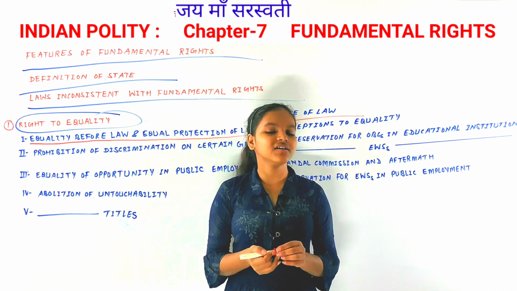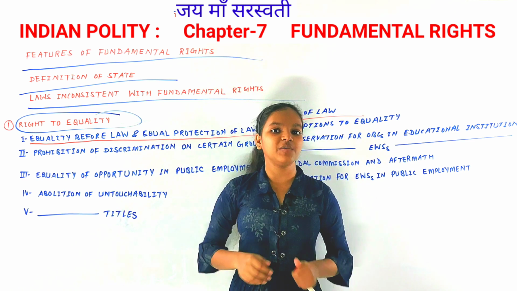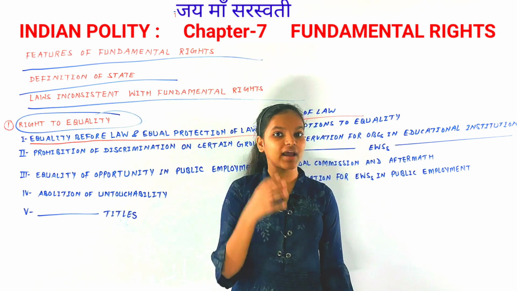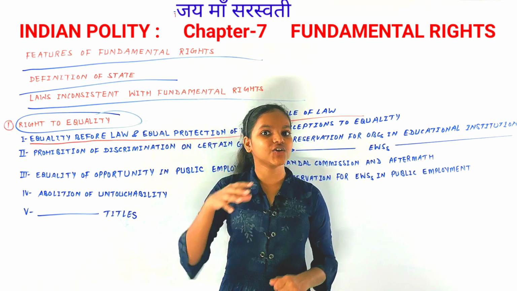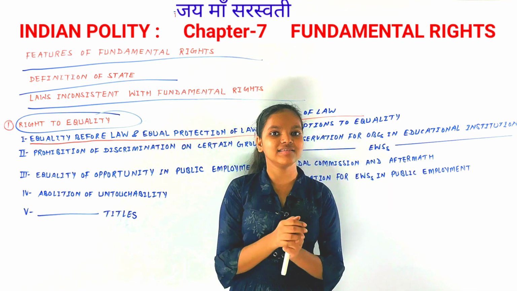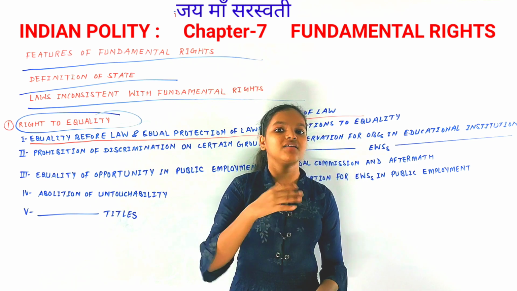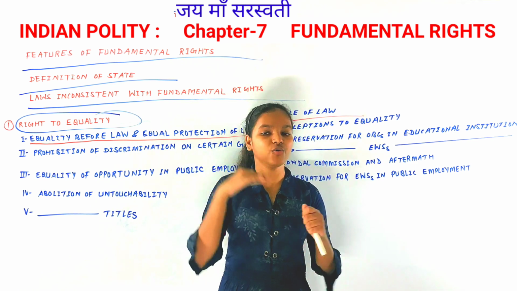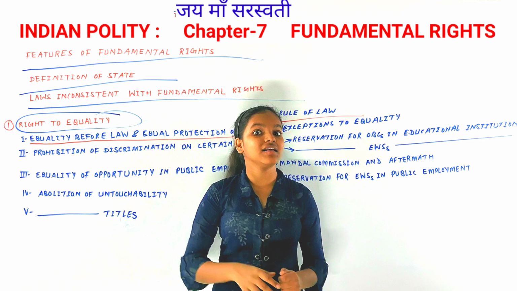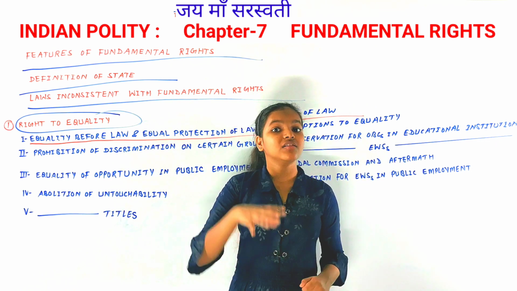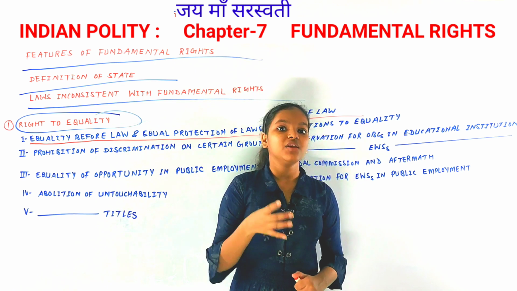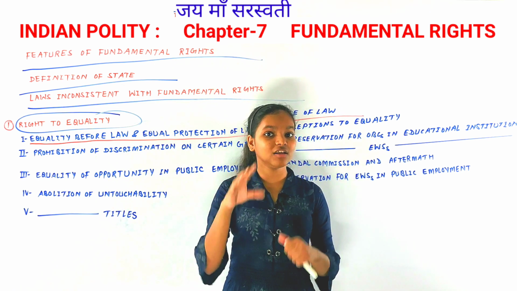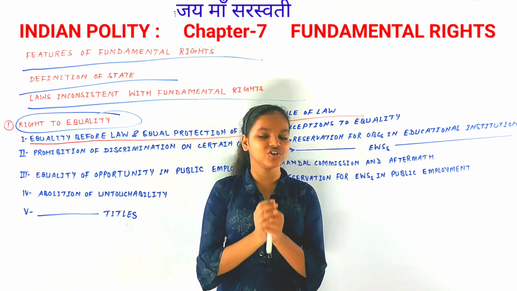First is the absence of arbitrary power, that is, no person can be punished except for breach of law. Second is that no person, whether rich or poor, high or low, official or non-official, is above the law, that is, they should be treated equally by the ordinary law administered by the ordinary law of the land.